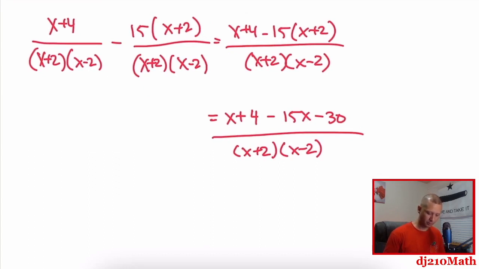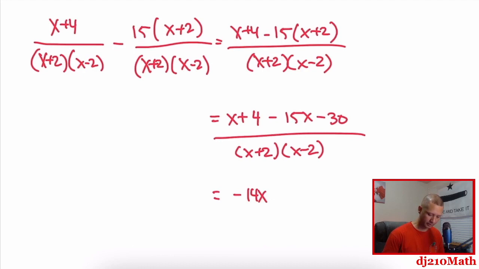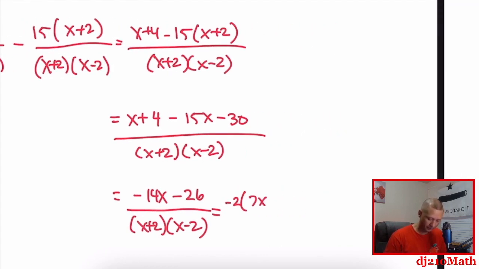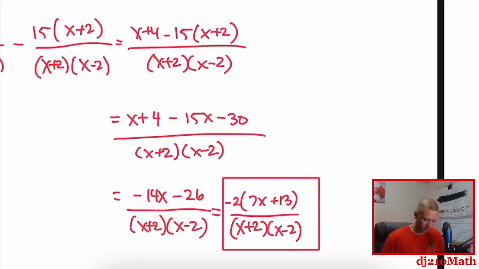All right, combining like terms in the numerator. Minus 14x minus 26. I'm going to factor out a negative 2. It's going to be 7x plus 13. 2 times 7 is 14. 2 times 13 is 26. All right. Nice.